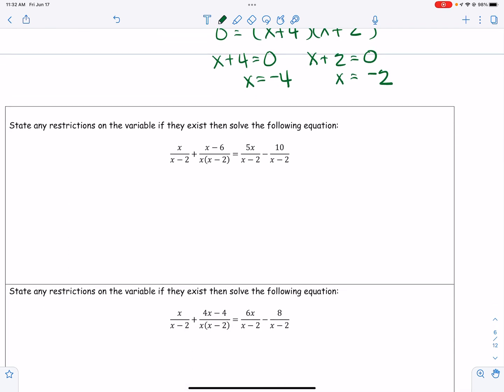So here we've got denominators, x minus 2's, but then I've also got that x. So I'm just going to state my restrictions. First, x minus 2 cannot equal 0, so x cannot be 2. And then I've got this x that's a different factor, and so x cannot be 0 as well.